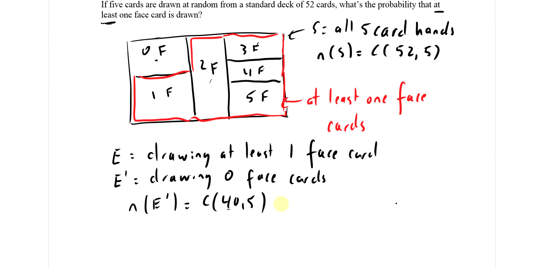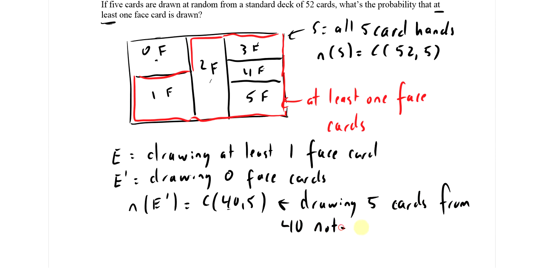So we're drawing 5 cards from 40 non-face cards. That's the number of possible 5 card hands that have no face cards in them.